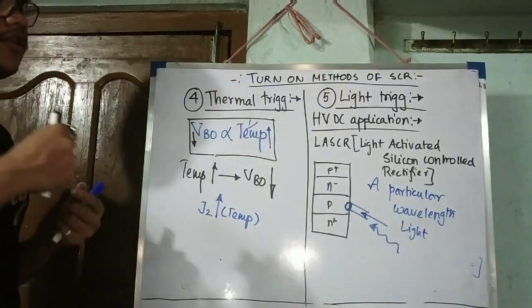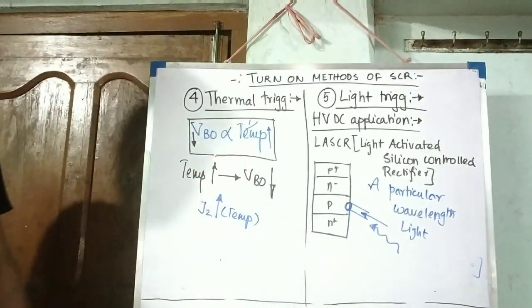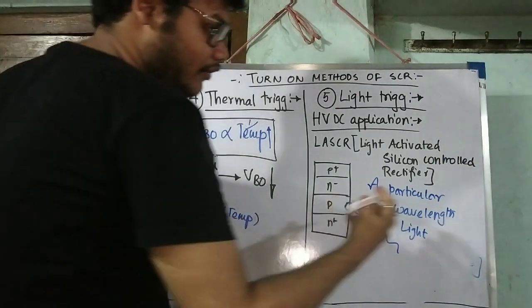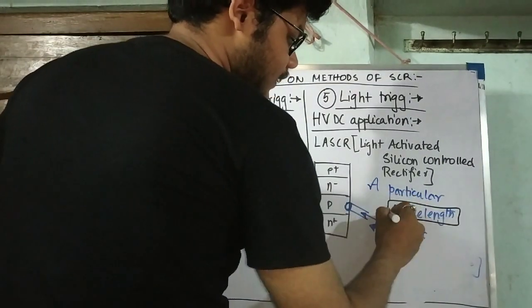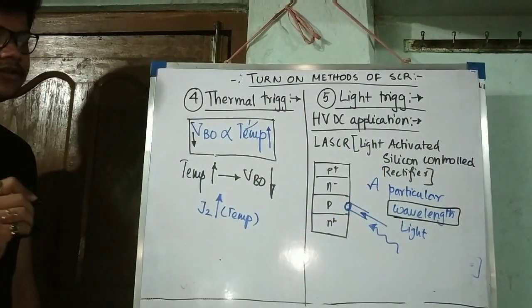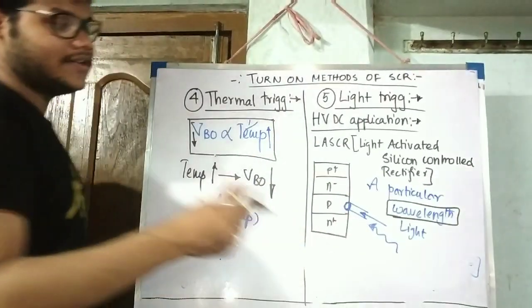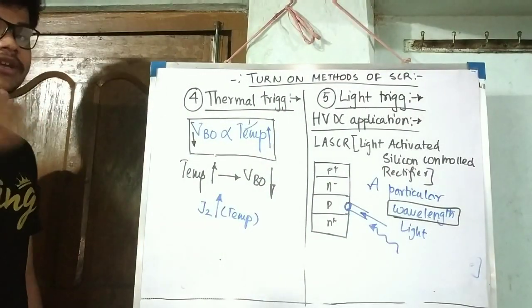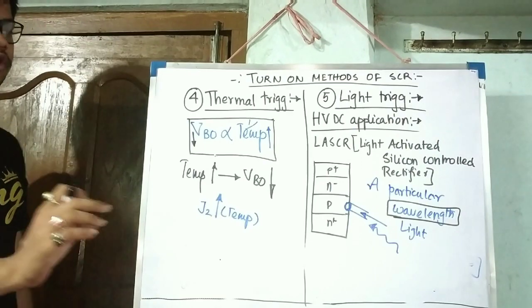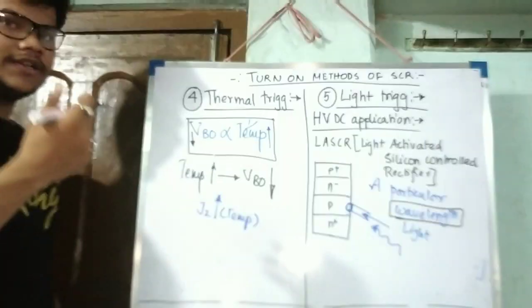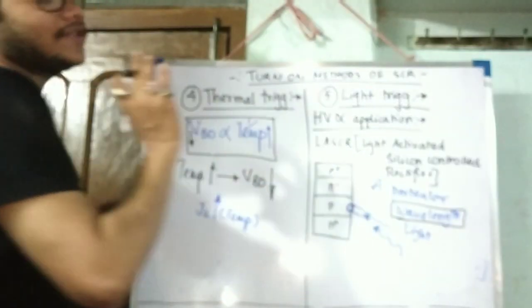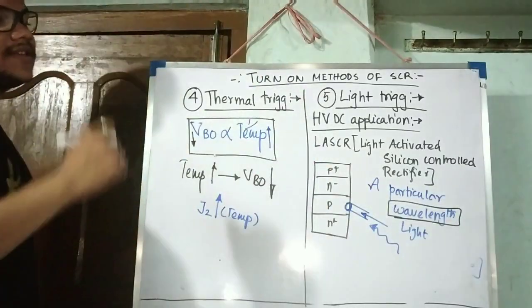Because of the radiation effect of the light, at a particular fixed wavelength your device is triggered, similar to if you apply some gate terminal voltage. The carrier concentration will increase and your device starts working.